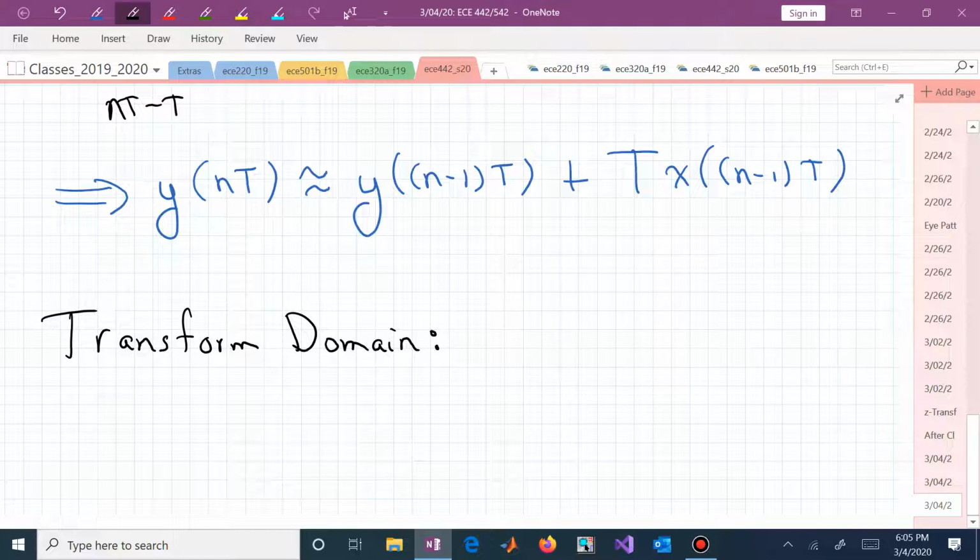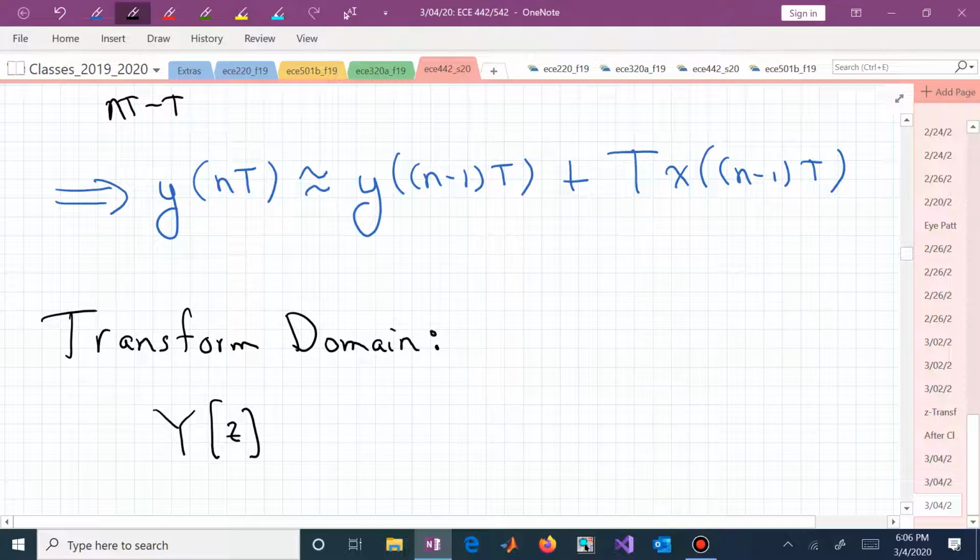The z-transform of y of nT is now capital Y of z. Now what happens if capital Y of z is the z-transform of little y of nT? What's the z-transform of little y of n minus 1 T? A one sample period delayed version of what we had before. That's now z to the minus 1 capital Y of z.